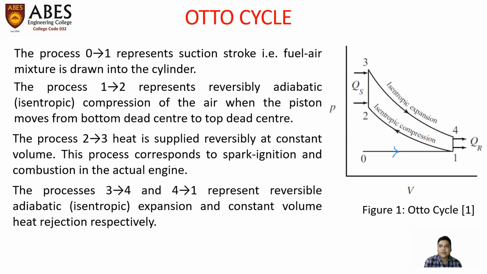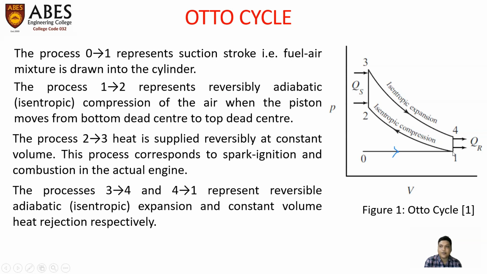Next process is 3 to 4, which is represented by this curve on the PV diagram. This process corresponds to reversible adiabatic expansion when the piston moves from top dead center to bottom dead center. Next process is 4 to 1, represented by this line.